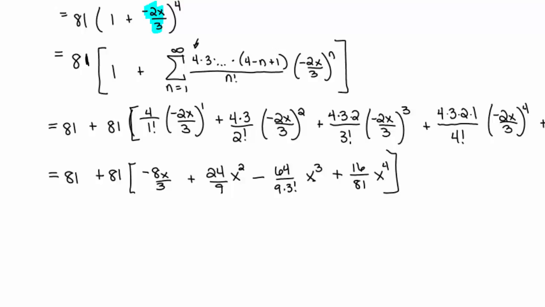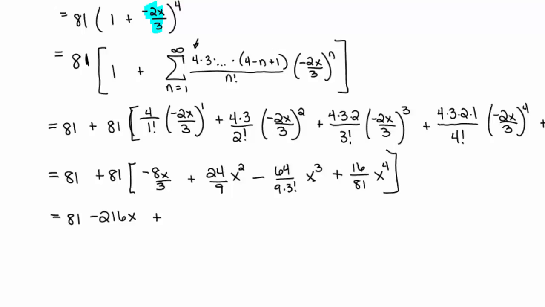Now I'm going to distribute the 81 through. And so we get 81 plus, now actually minus, because of that minus sign there. And now we're going to have to do a little bit of calculation. So that's a negative 216x. And let's see, we have 9 times 24, that's 240 minus 20 is 220, 216. Oh, that's nice.